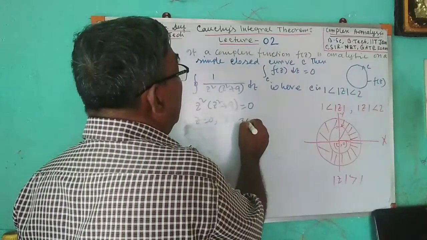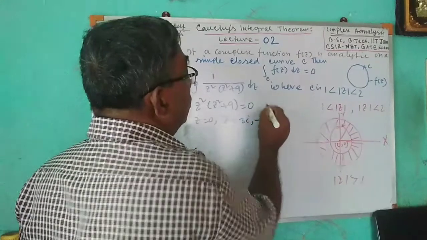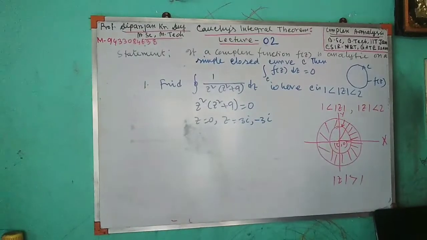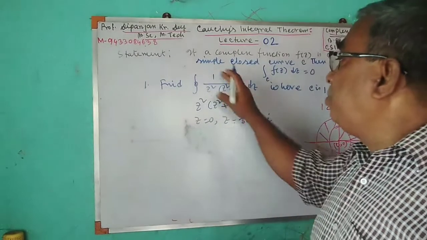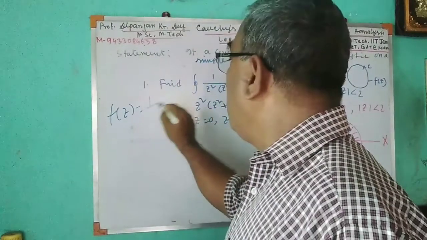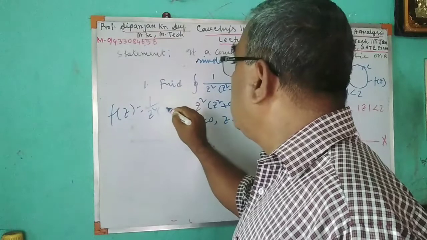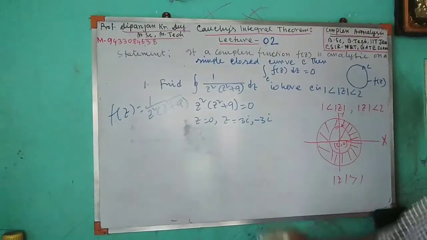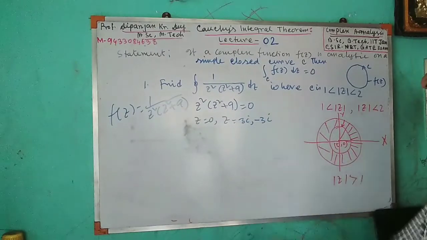So these are called singular points. Why are they singular points? Because at these points f(z) is not defined. f(z) equals 1 by z square into z square plus 9, which is not defined when z equal to 0, z equal to 3i or z equal to minus 3i.